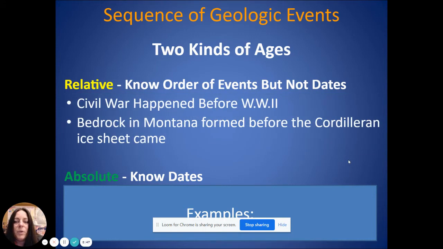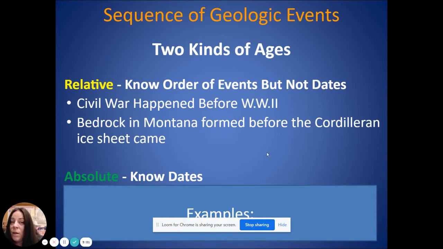Other examples: sometimes I get a little bad with my history, and you ask, oh, Civil War, when did that take place? Well, I can't remember the exact date, but I do know that it happened before World War II. So at least I put it in context: I know the order, but not exact. Same thing, I know that the actual bedrock of Montana had to form before the Cordilleran ice sheet came along during the last ice age and completely reshaped our state.